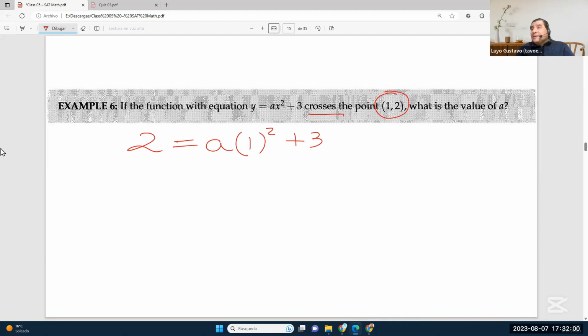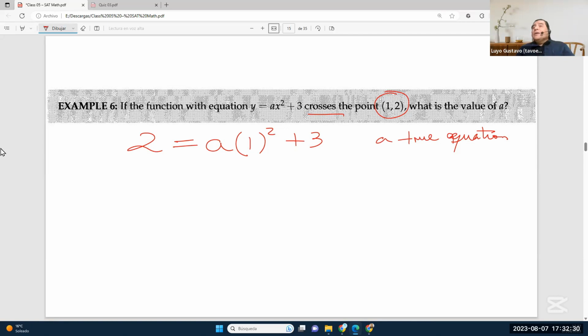And this is a true equation. Why? Because the point belongs to the function and the coordinates of the point must satisfy the equation of the function. Same as when a point belongs to a straight line, the coordinates of the point must make the equation of the line true. It's exactly the same concept.